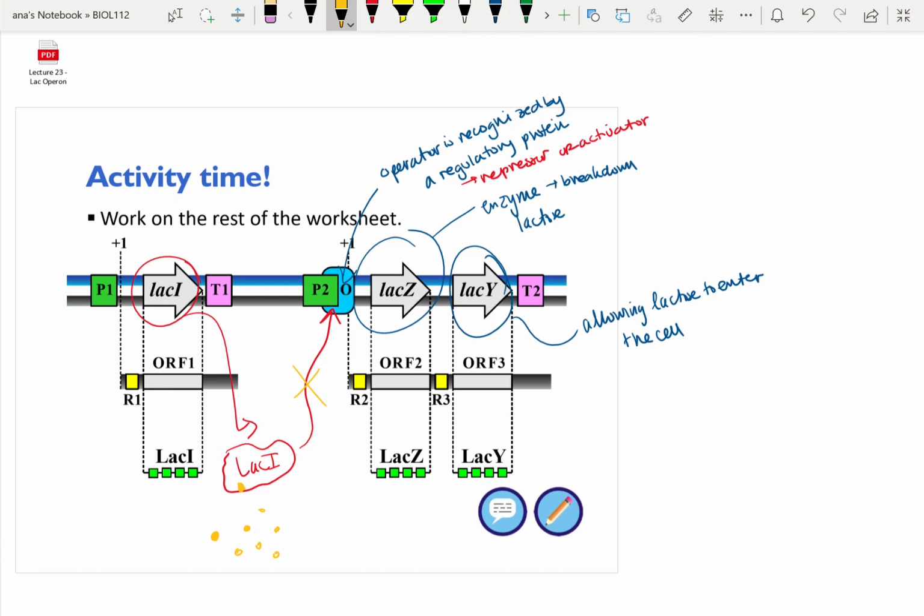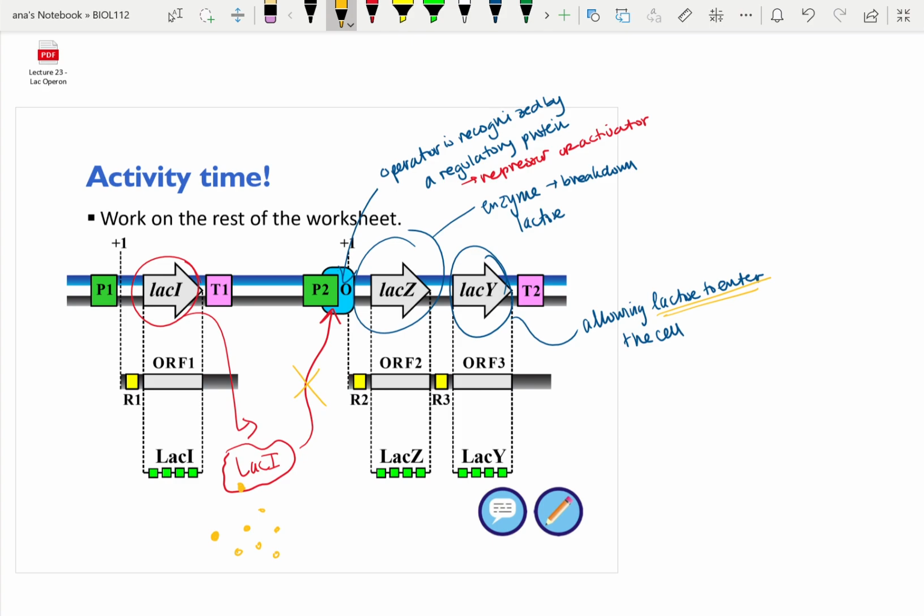And I know this came up a few times: how can lactose first enter the cell to inhibit lac-I if you need to make lac-Y to allow lactose to enter? Just remember that lac-I binding to the operator isn't 100%. It's not happening all the time. There are still some moments in time where polymerase can bind to the promoter, and that's called basal transcription.